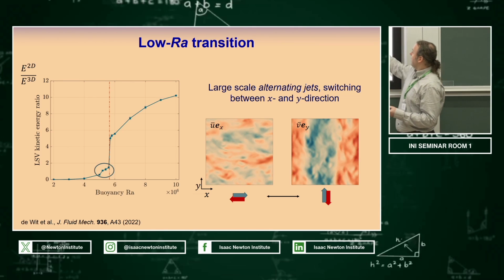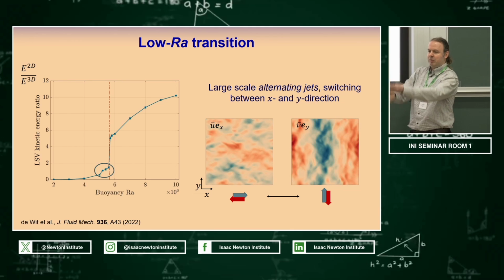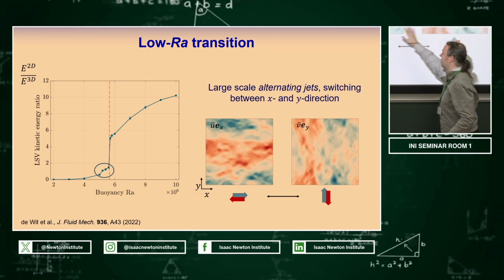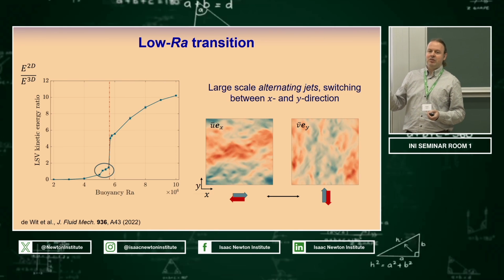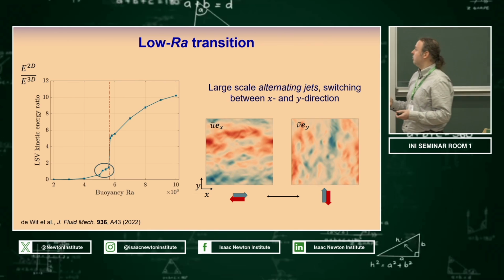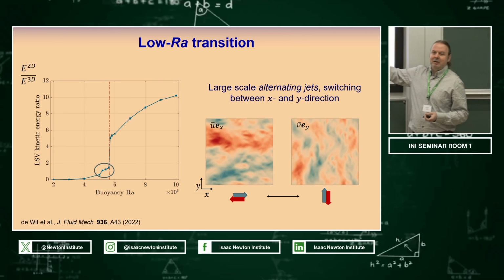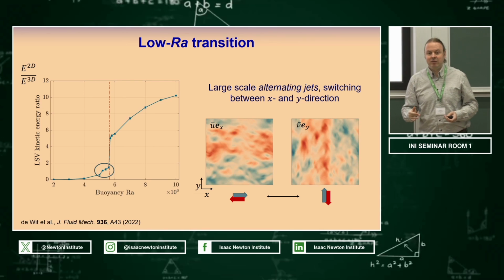As you can see, this develops into a state with jets moving in opposite directions, and sometimes they actually switch between either X or Y direction, and this is switching sort of randomly. So what that means is that there's also definitely an effect of the box. The periodicity is definitely felt.